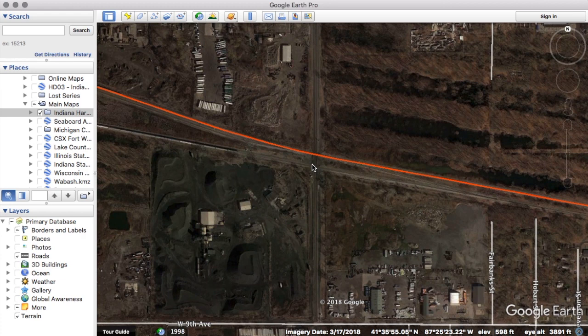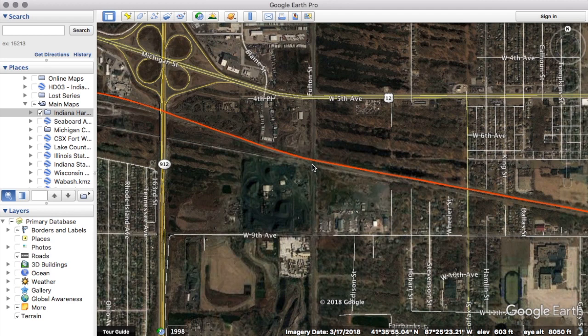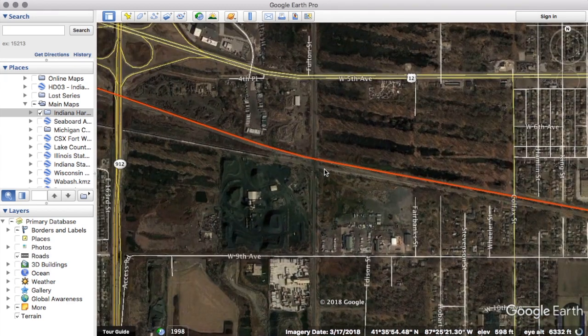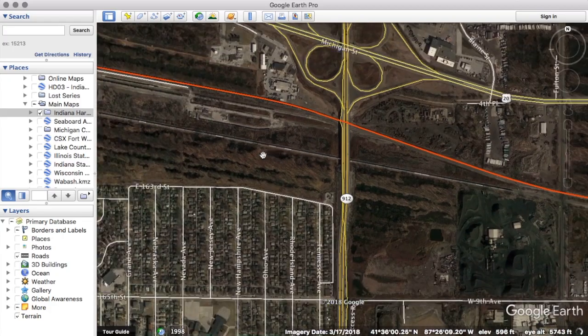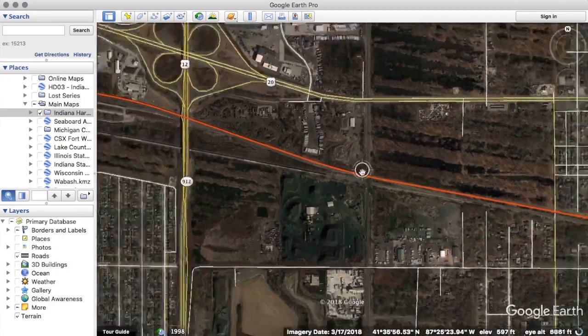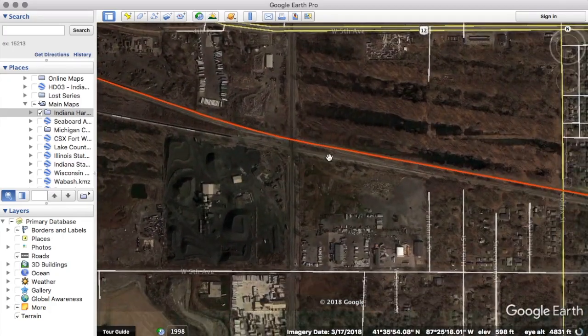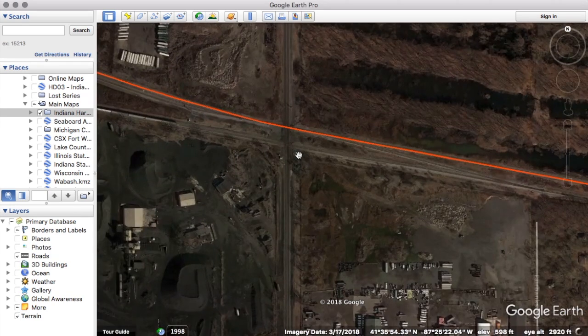But Ivanhoe, Indiana during the time of the accident was a part of Gary, Indiana, and it was within Gary city limits. The accident did not happen in Hammond. It happened in Gary. Not that I'm trying to take the steam away from Hammond.